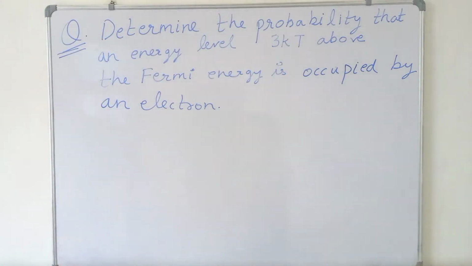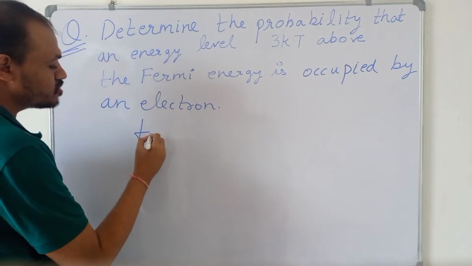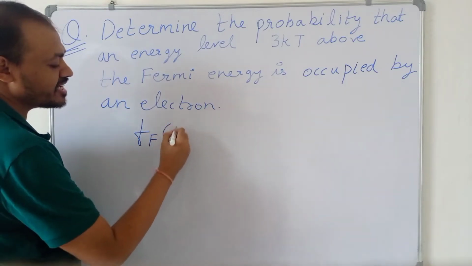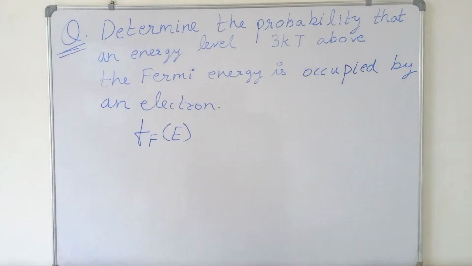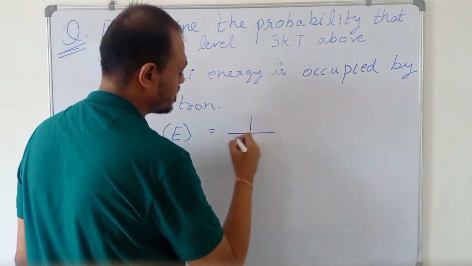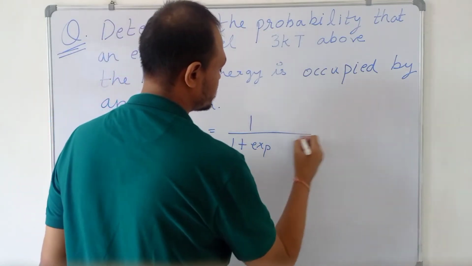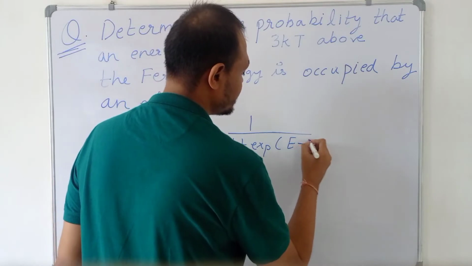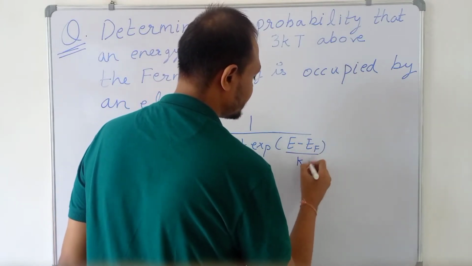The probability for that is given by the Fermi-Dirac distribution function. The Fermi-Dirac distribution function f of E is equal to 1 upon 1 plus exponential of (E minus EF) upon kT, where the whole term is in the exponential.